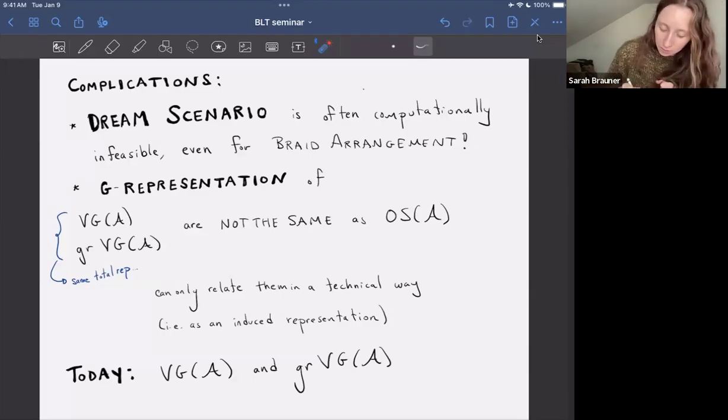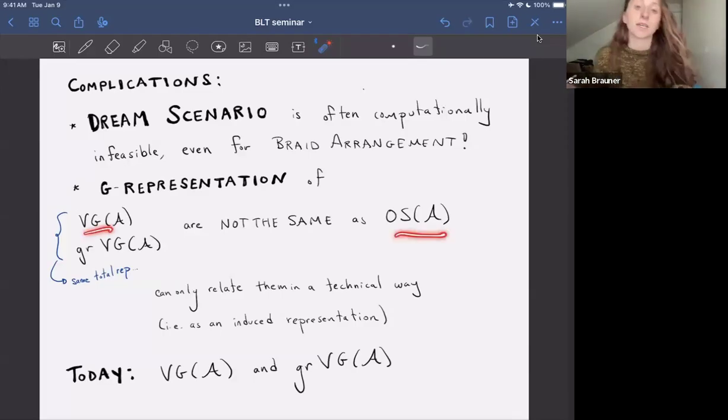And then also, even though the Varchenko-Gelfand ring and the Orlik-Solomon algebras seem very closely related at the level of their presentations and their combinatorics, at the level of representations, they're very different, and not in a non-trivial way. There's some technical way that you can relate the graded pieces of these rings, but not very explicit. You have to do it as an induced representation, and so in terms of getting some sort of irreducible decomposition, it's not really possible.